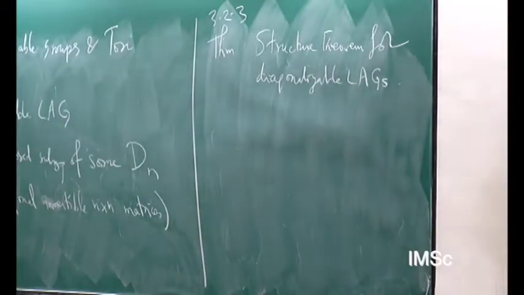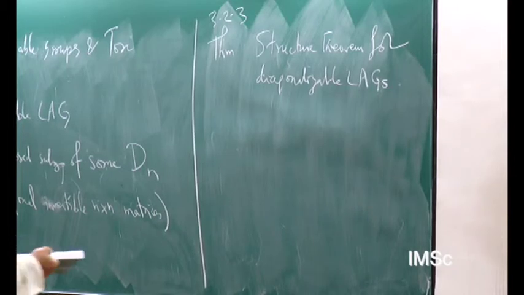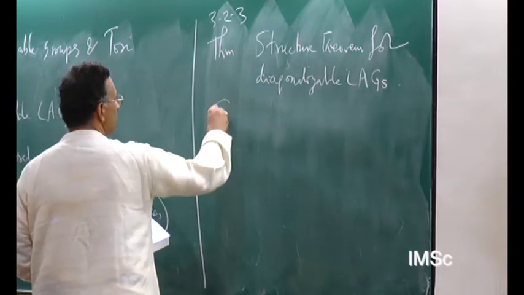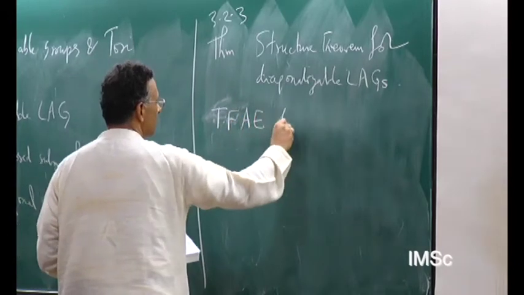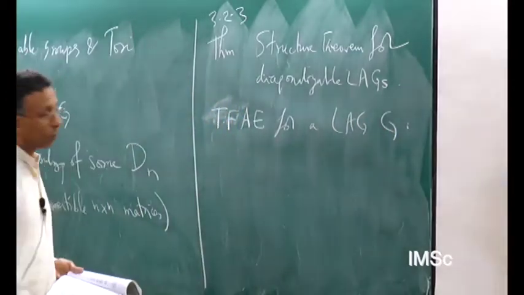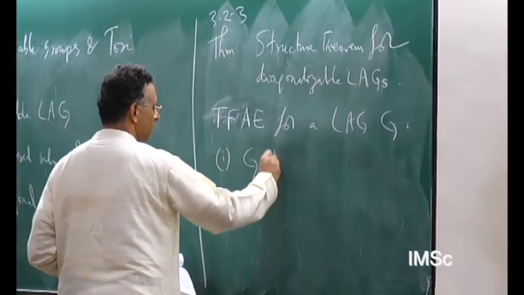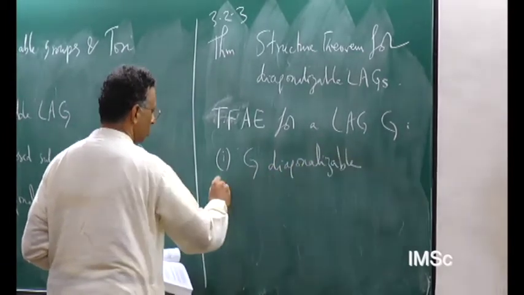So far we have had a structure theorem for commutative linear algebraic groups, one structure theorem for dimension 1 connected linear algebraic groups. Now this is a third structure theorem, for diagonalizable linear algebraic groups. The following are equivalent for a linear algebraic group G. 1. G is diagonalizable. 2.